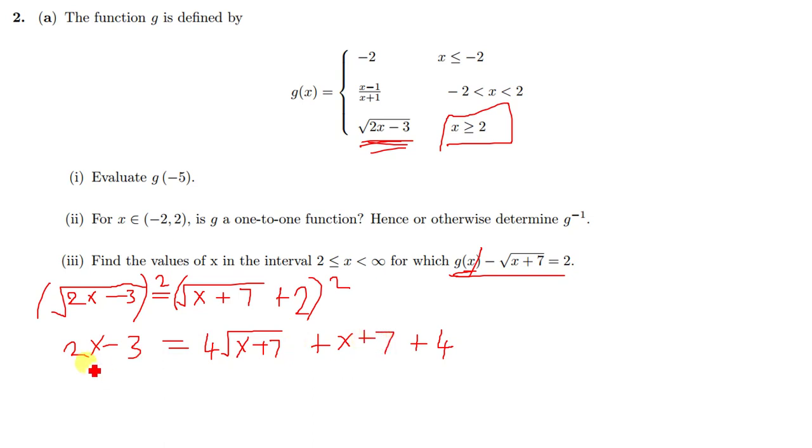So 2x minus 3, I will now simplify the expression. So 2x minus this x, when it crosses the equal sign, we're going to have x this side, then we'll have 7 plus 4. So 7 plus 4 will give us 11, and then 11, when it crosses the equal sign, it's going to be negative 3 minus 11, which is negative 14.